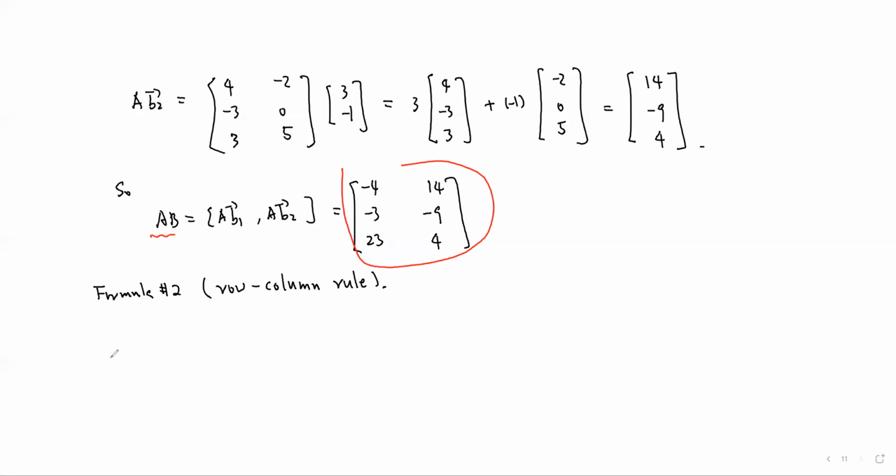Now A times B. Recall that A is of size 3 by 2 and B is 2 by 2. Therefore, the result should be 3 by 2. All right, let me write down matrix A in detail.